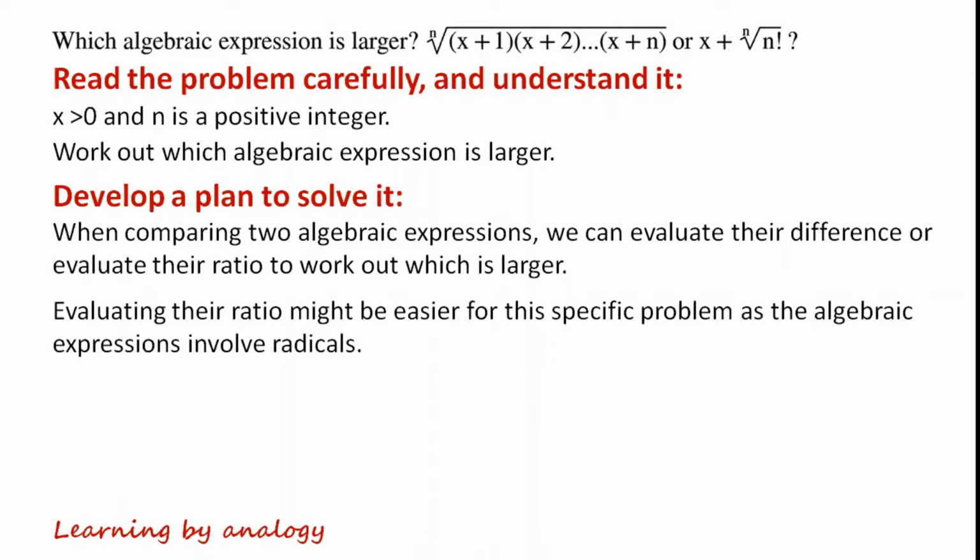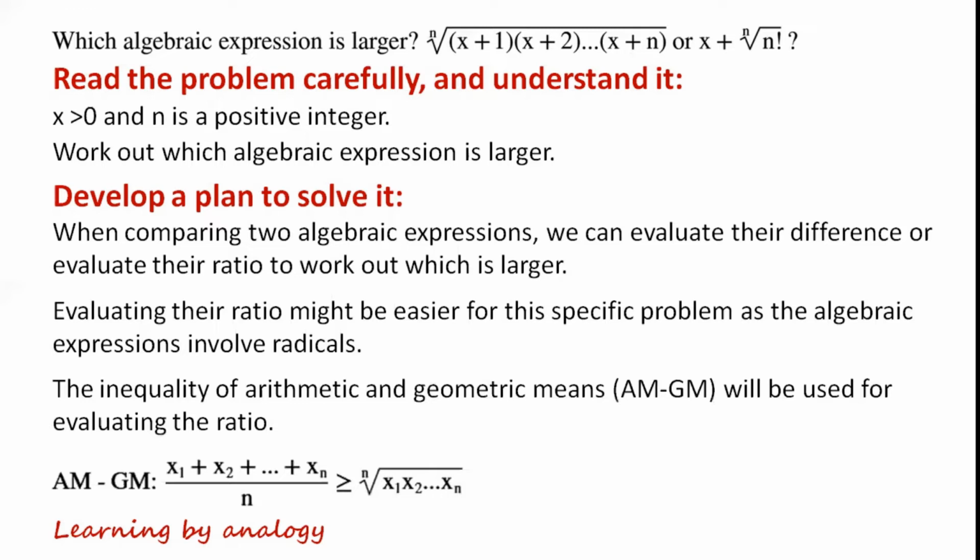Evaluating their ratio might be easier for this specific problem, as the algebraic expressions involve radicals. The inequality of arithmetic and geometric means will be used for evaluating the ratio.